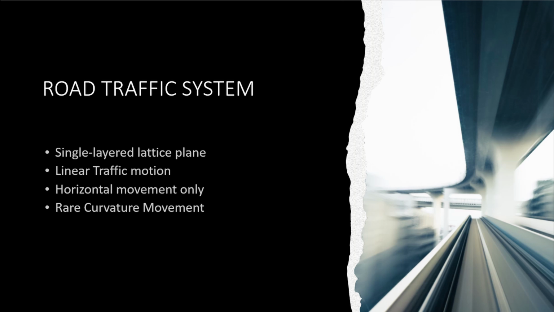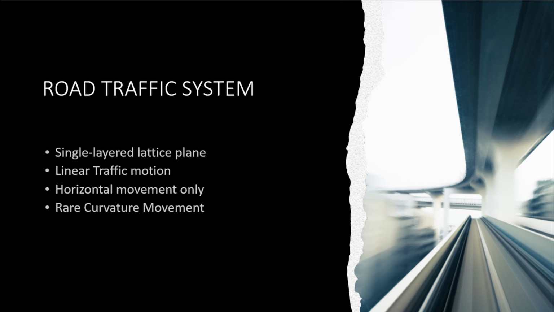So here are some of the features of the road traffic system. The first is single layered lattice plane. Now the traffic is sitting on a road and it is not flying. So there would only be one plane associated with all the traffic.